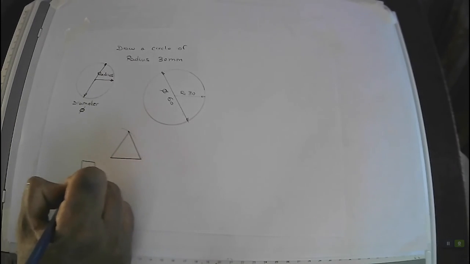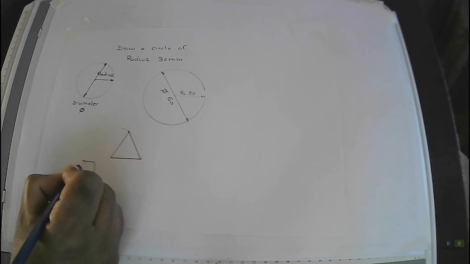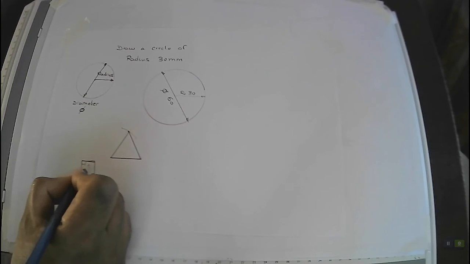Okay, I can also draw a square. As a definition, a square has all sides equal and all angles at right angles, that is 90 degrees. So how to draw perfectly a square with a specific dimension?